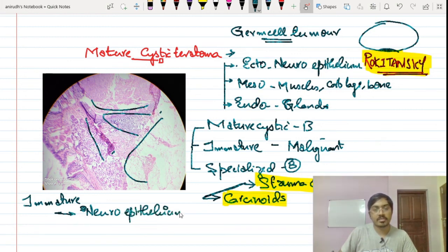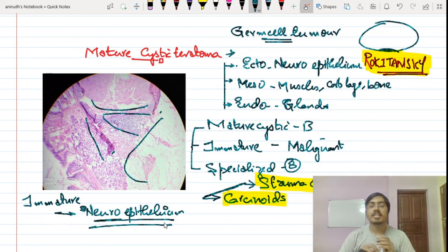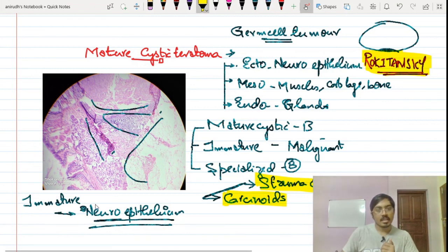You will look for these kinds of structures to say that it is immature, or whether it is mature. So the immature components within a teratoma is what you look for, so as to call it immature, or if that is absent you will call it mature, isn't it? So to categorize this, you are going to look for the neuroepithelial structures present inside the teratoma. This was a question that was asked to me, so I am making that point clear here.